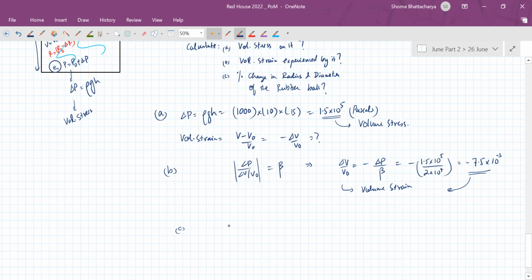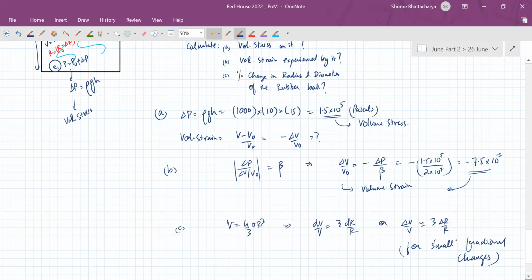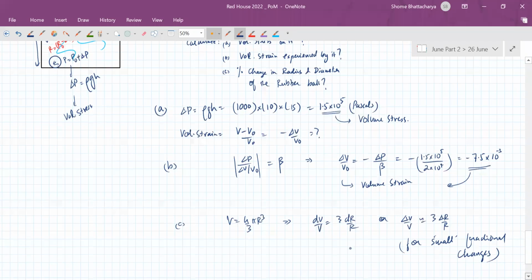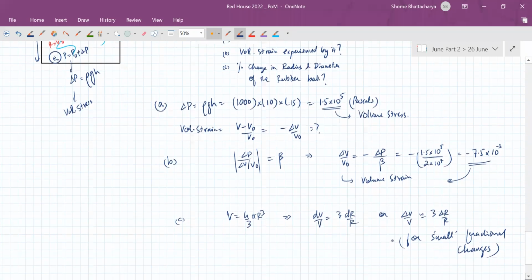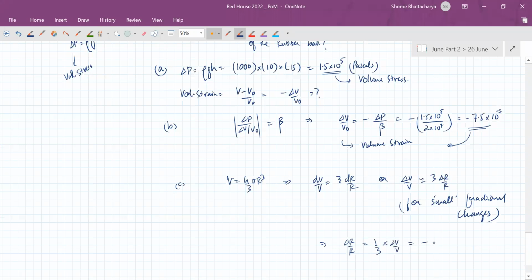Now, for the percentage change in radius, volume is 4 by 3 pi r cube. So delta V by V is 3 times dr by r, or we can say delta V by V is approximately 3 times delta r by r for small fractional change. Propagation of error concept, you can use that. So delta R by R will be 1/3 of delta V by V. So that is minus 2.5 into 10 raised to minus 3.